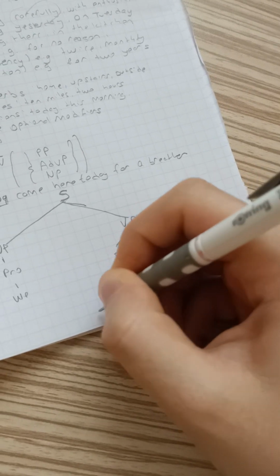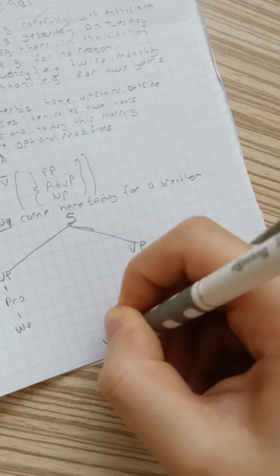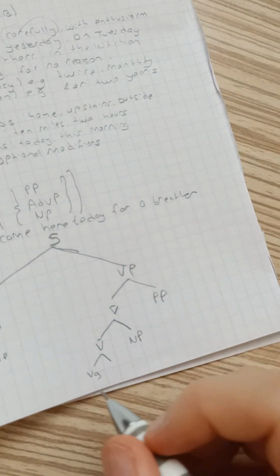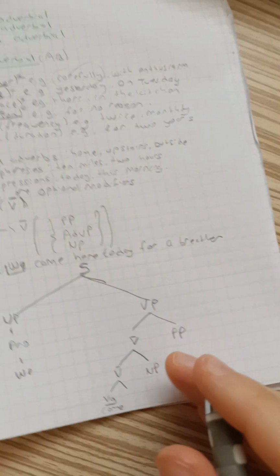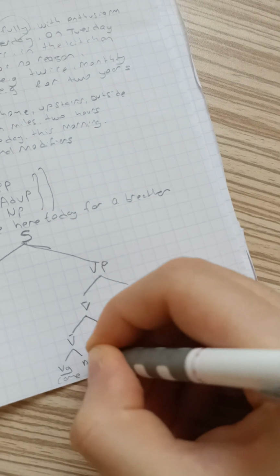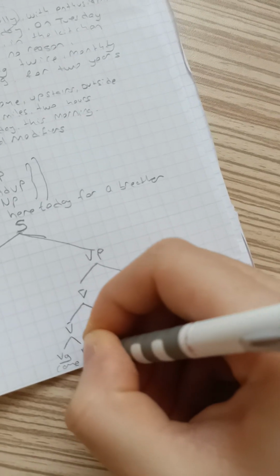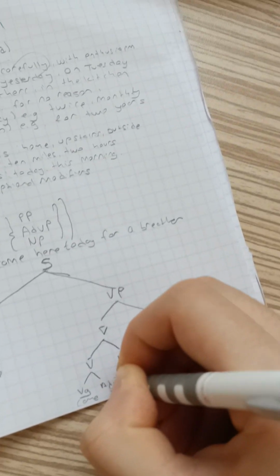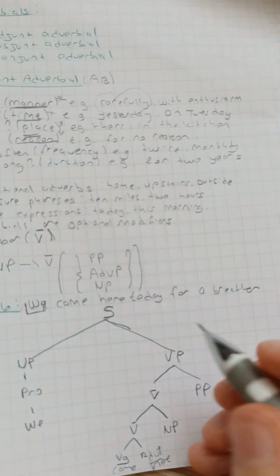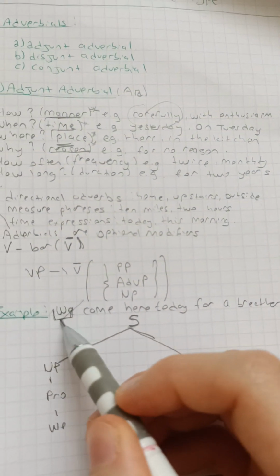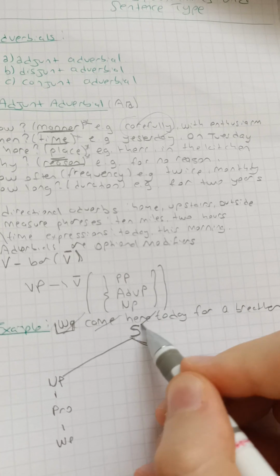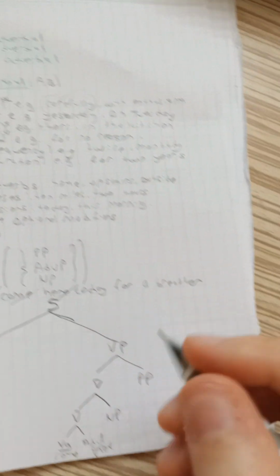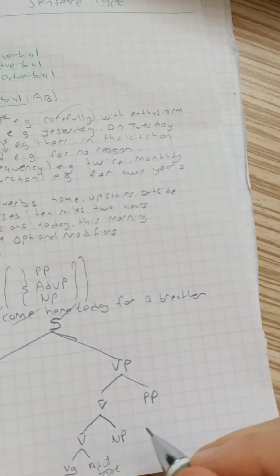V-bar is the V group, it is came, and the adverbial phrase here. We completed with came, here, and today, and the noun phrase is today.